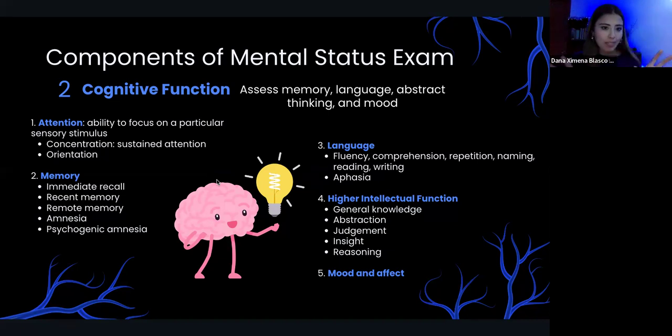And we have many different types of aphasias if you would like to view them later. Also, we're going to have higher intellectual function. It's the general knowledge of the patient, just to evaluate this cognitive function properly.